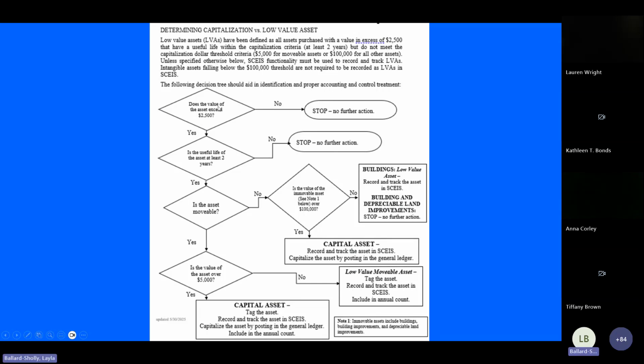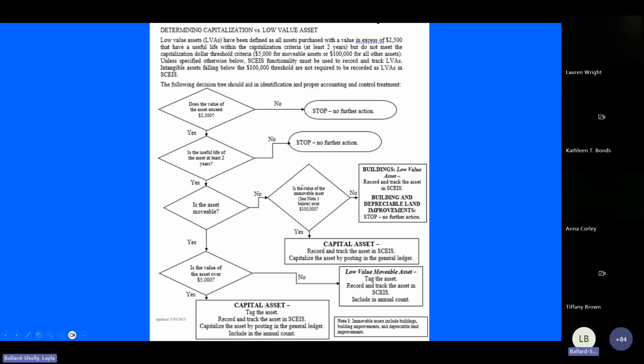It's just a flow chart to help you decide what to do with an asset as you're determining if you should capitalize it, and if so, what asset class you would use, etc. I added this thing with intangible assets because the chart never specifically addressed those. But again, if they're under the threshold, you can just expense those. You don't need to record them as low value assets.